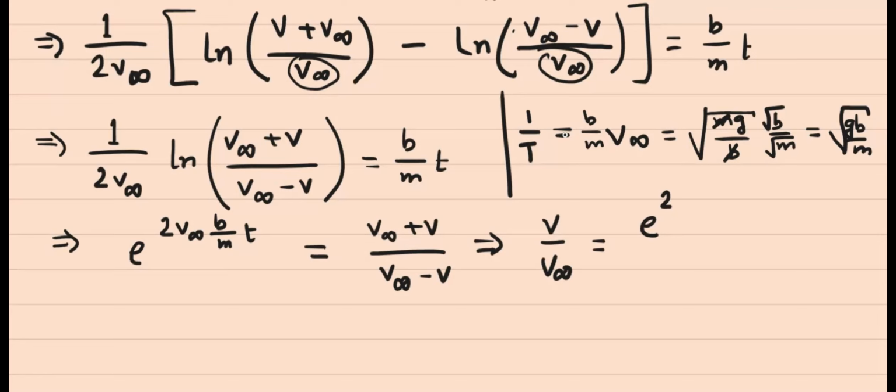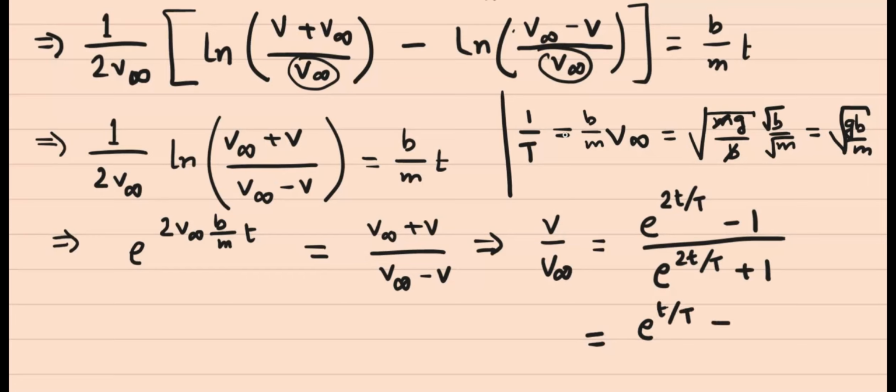So then we end up with e to the power 2t over capital T minus 1 divided by e to the power 2t divided by capital T plus 1. Well, we can simplify it further by writing this to be e to the power t divided by capital T minus e to the power minus t divided by capital T over the same thing in the denominator, except for a plus sign instead of a minus sign in the middle, and this is our result.